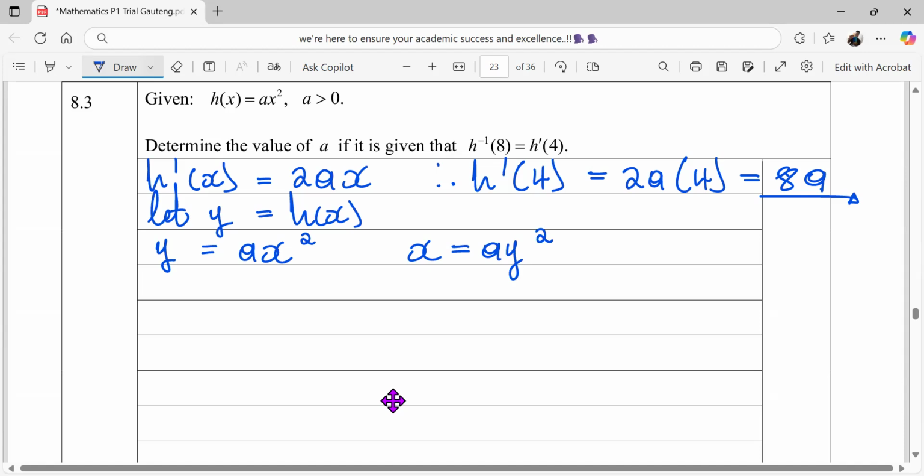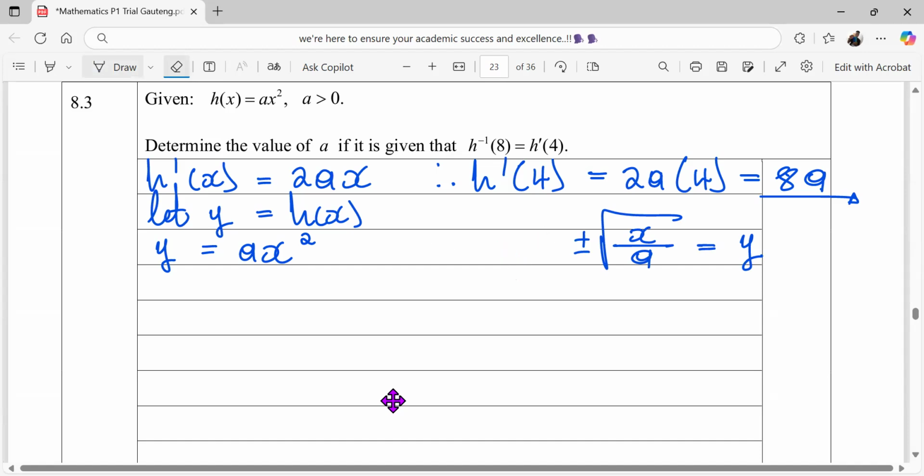Then I want to make y the subject of the formula, so I divide both sides by a, then I have y squared. But I'm just going to go ahead and find the square root on both sides, and I'm simply going to get something that looks like this: plus or minus the square root of x over a, that is going to be the value of y.